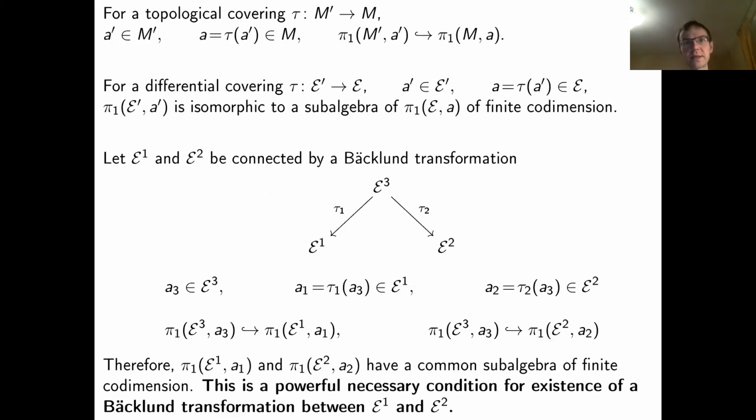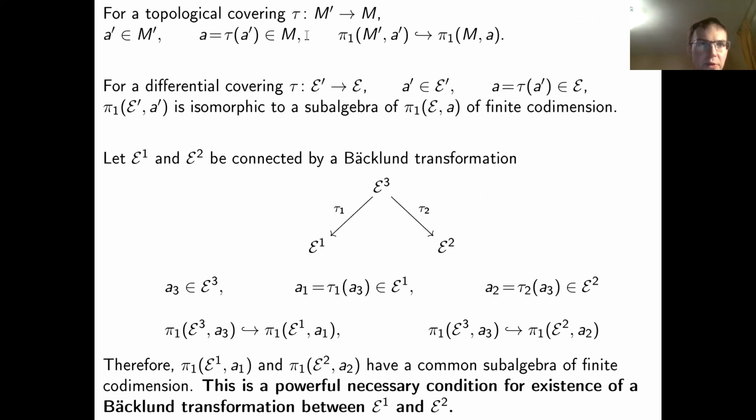Okay, next property. To describe the next property and its applications, we recall a well-known property of topological coverings.